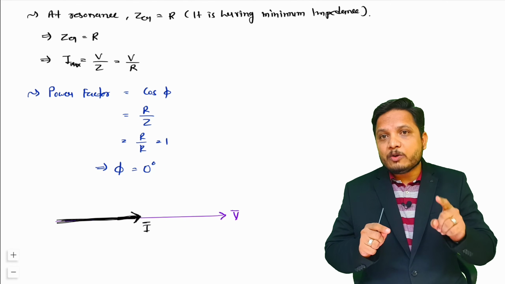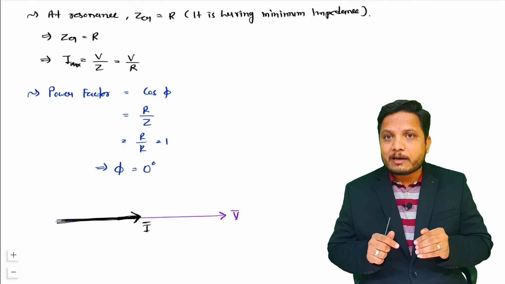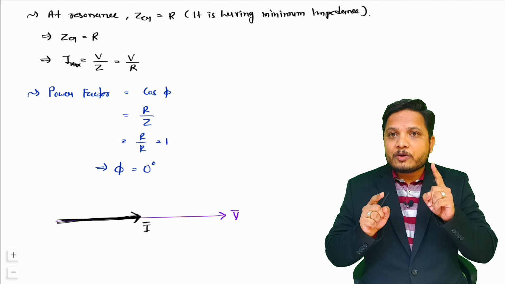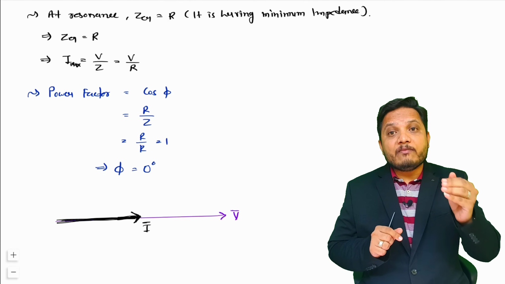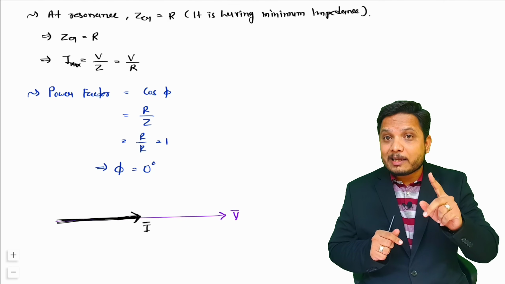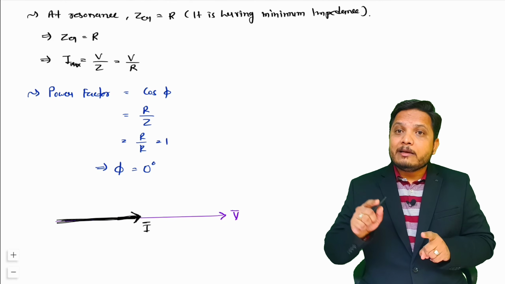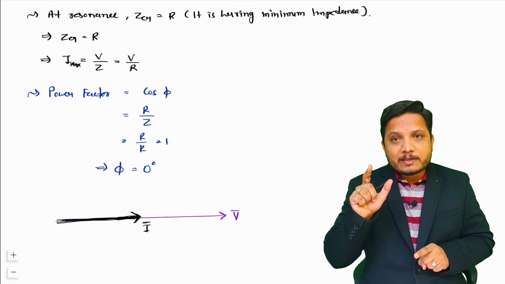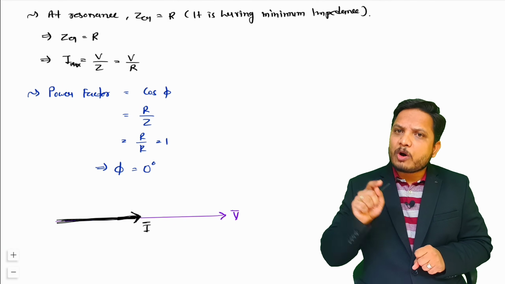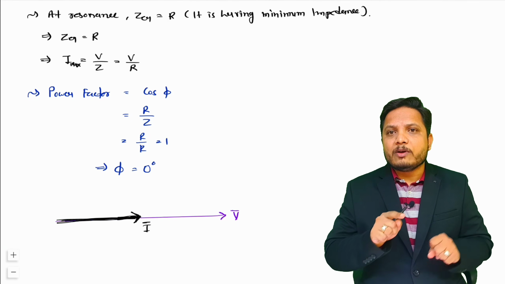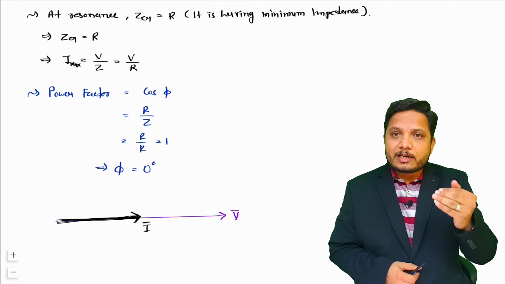So I will not solve the parallel connection resonance frequency, as I have explained it over here. Only one thing you should keep in mind: you will have to identify the same phase of voltage and current. For parallel connection, we need to find the equivalent admittance. In that, the imaginary component will be frequency dependent, and that should be equal to 0, which will give you omega is equal to 1 by square root of LC. So that is the case which you need to understand.